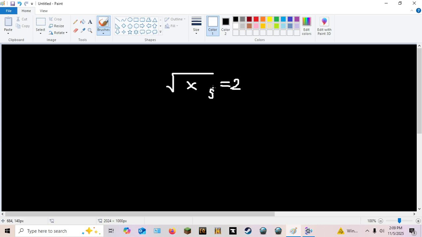Now, I don't want to square both sides because this is a super root. The inverse of a super root, or super radical, is tetration. So I need to tetrate both sides by 2. Remember, the invisible 2's cancel. I'm just going to put in parentheses.